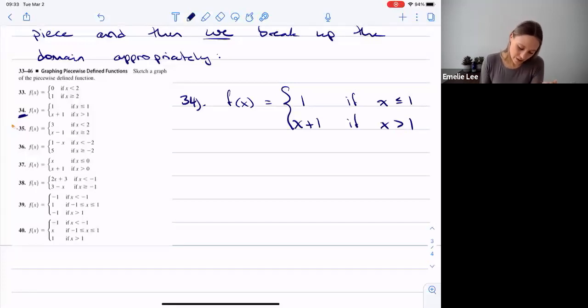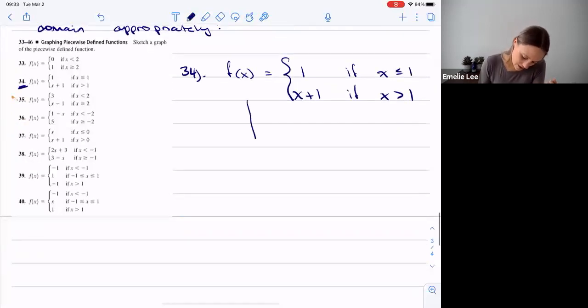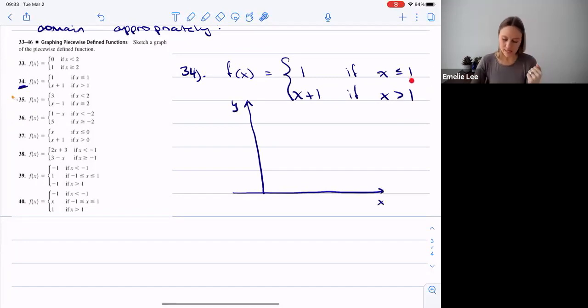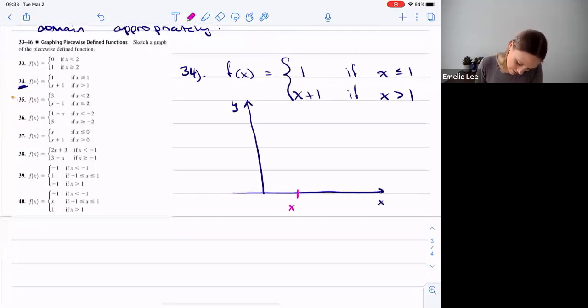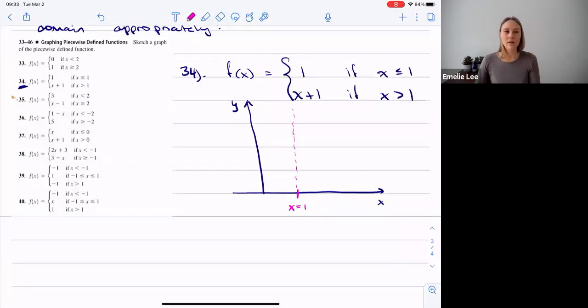So what I want you to do here is imagine your XY plane, and at x equals 1, there's going to be a change in how the function behaves. So here, let's say at x equals 1, let's do a kind of imaginary split.